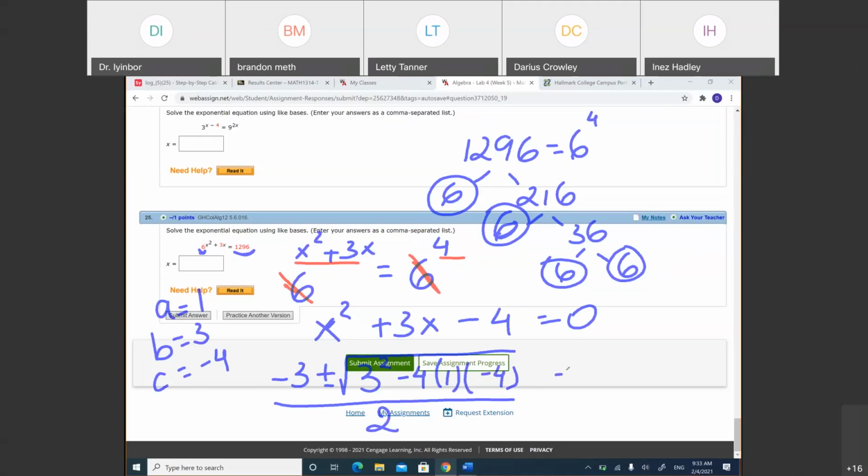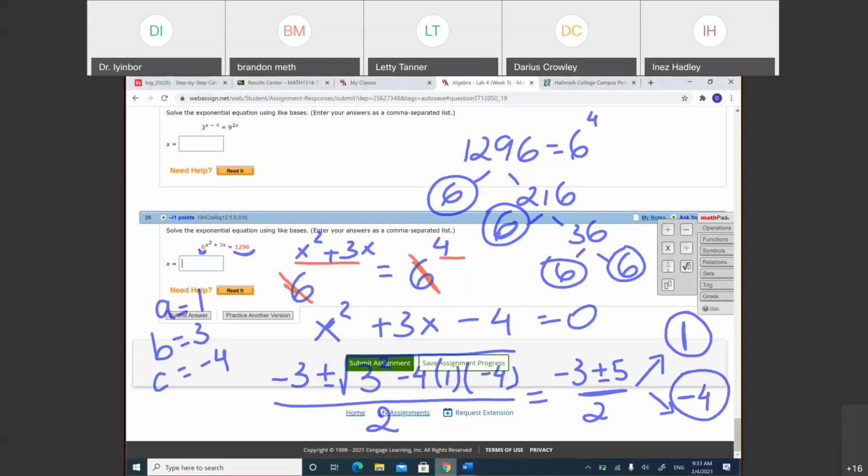Square root of 25 is 5. So I have negative 3 plus or minus 5 over 2. When you take plus, it's going to be 1. And when you take minus, it's going to be negative 4. You can use the calculator to double check this, but I'm sure it's right. So when you plug it in, you're going to have negative 4, comma 1. And that's my answer.